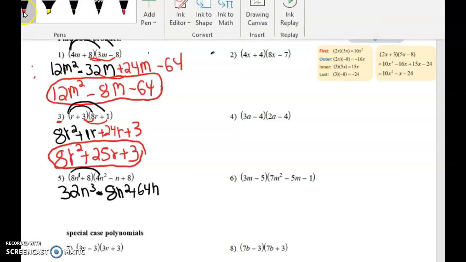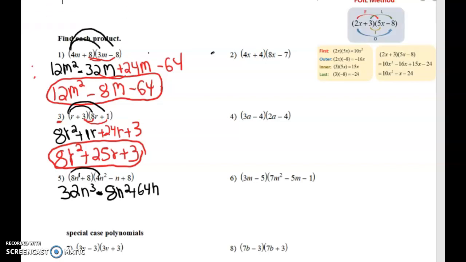Now we're going to have to distribute the 8 to these three terms. All right. And it's basically going to be probably the same, except you don't have an n with it now, right? So 8 times 4 is going to be a positive 32n.